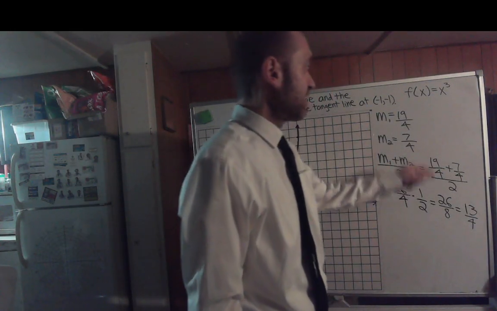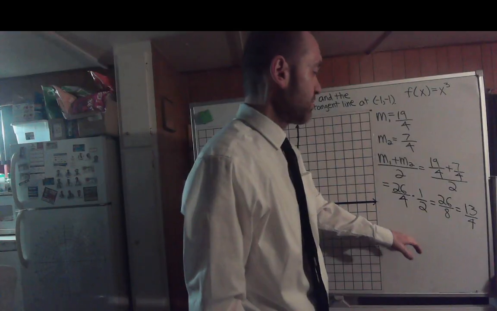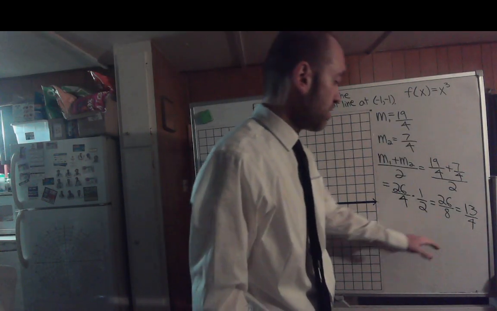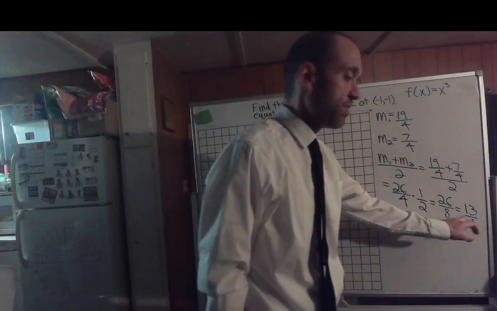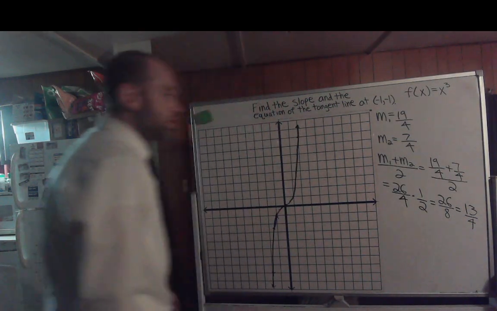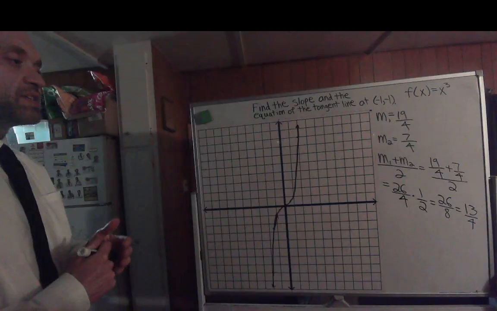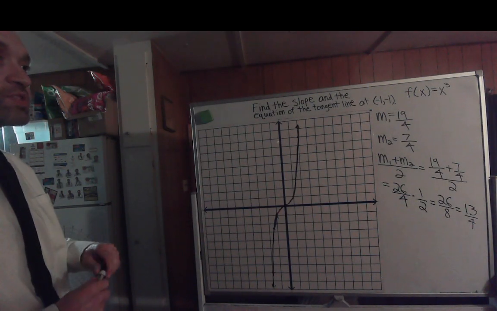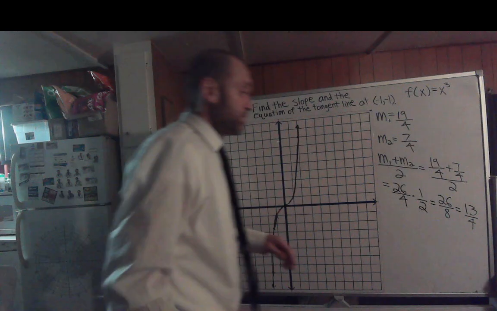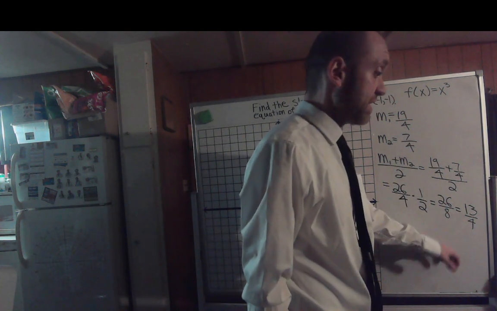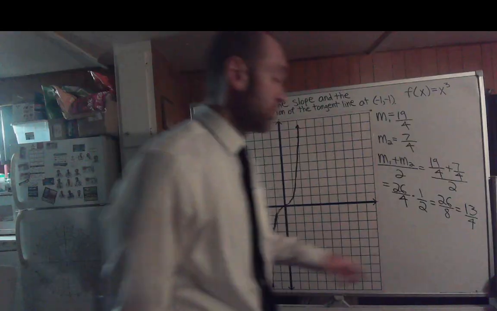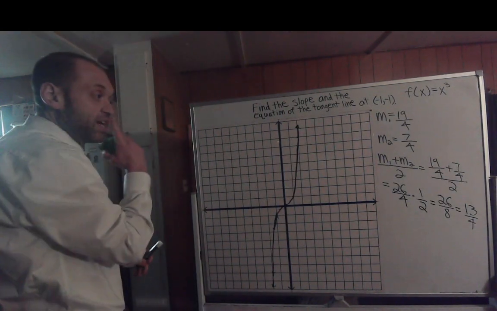Now when I get closer and closer together, only half a unit apart, my slope is going to be 13/4. Well, we know 5/3 is 1 2/3. Now 13/4, that's 3 1/4. So the slopes have definitely changed.